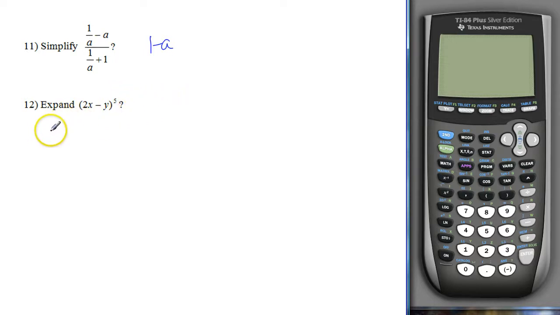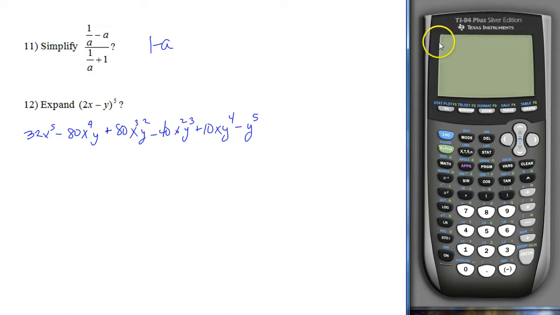Number 12, now this is a big one. So number 12, here we go. 32x to the 5th minus 80x to the 4y plus 80x cubed y squared minus 40x squared y cubed plus 10xy to the 4th minus y to the 5th.